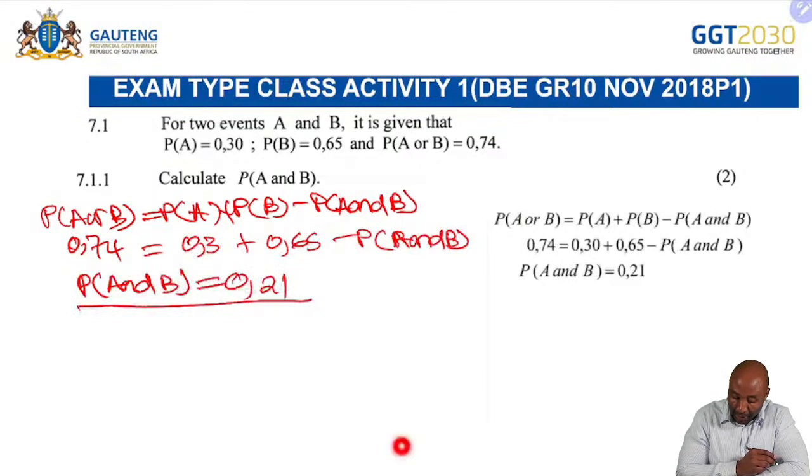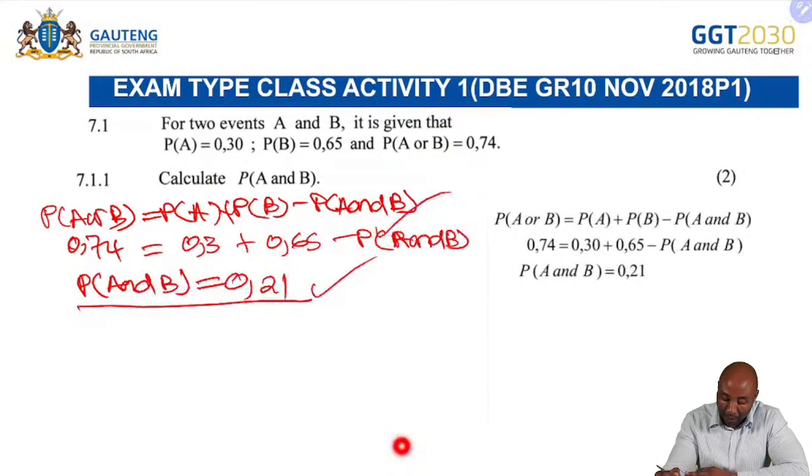So we have answered the first question, substitution into our identity, and for an answer of 0.21.